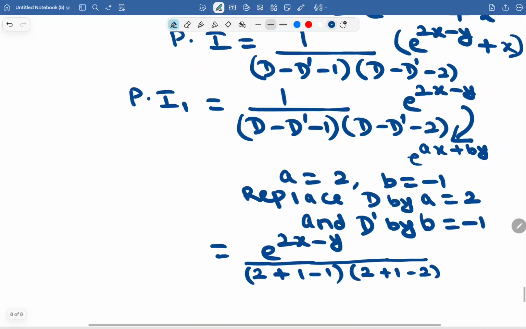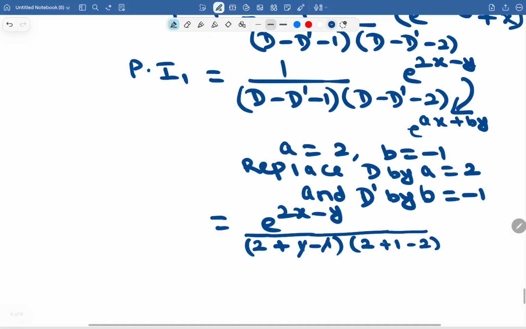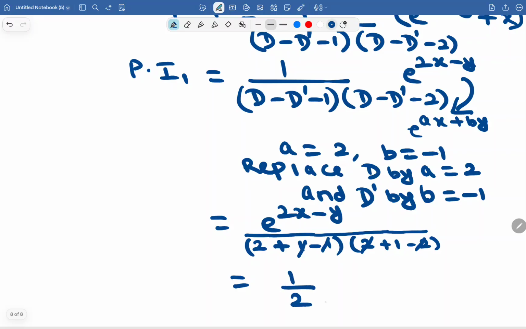Minus 2 plus 1 minus 1 plus 2 minus 2 will get cancelled, giving 1/2 e^(2x−y). This is for PI1.